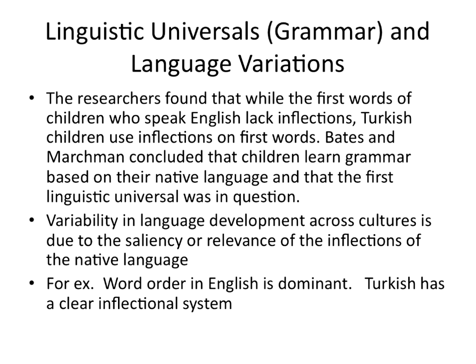So they concluded that children learn grammar not based on a universal, but based on their own native language. They didn't feel that there was a universal as it related to grammar. For example, word order in English is dominant.